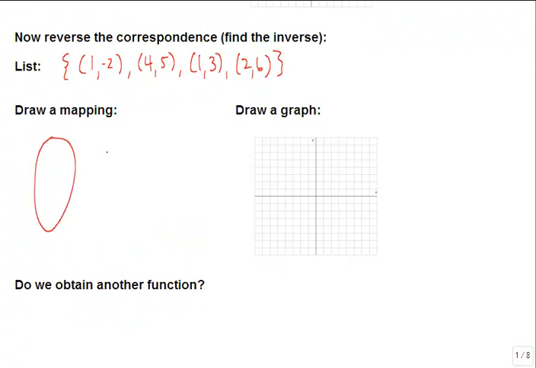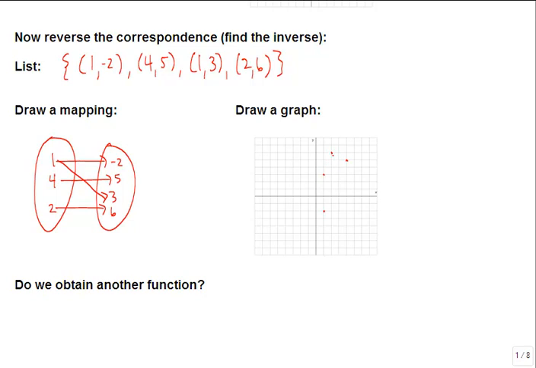So using my two circles again, 1 gets sent to -2, 4 gets sent to 5, 1 gets sent to 3, but I already have a 1 in my input circle, so I'm going to continue to use it again, but just draw a second arrow going to 3, and then 2 gets sent to 6. If we write these as dots or points on our graph, this would be 1, -2, 4, 5, 1, 3, and 2, 6.